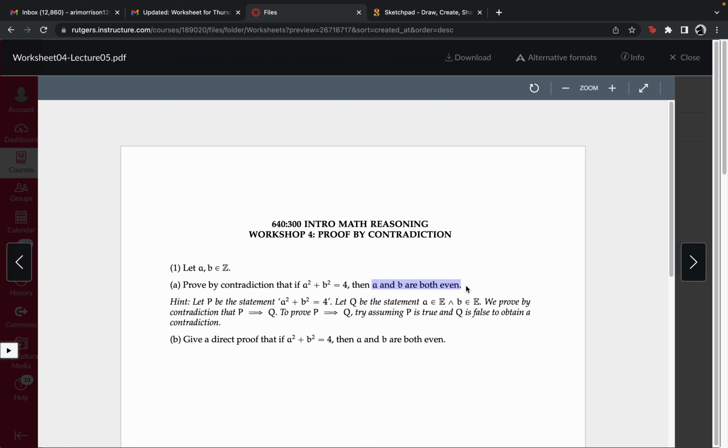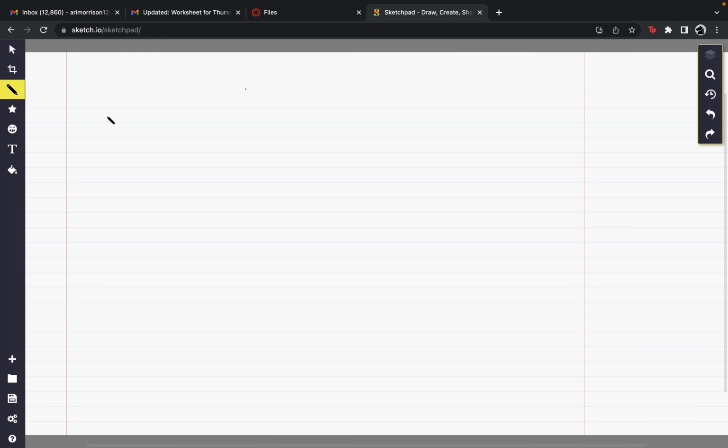So we talked about this earlier, but the opposite of a and b are both even means that at least one of them has to be odd. And a way that we could say that, I'll try to draw, is a or b, that V symbol stands for or, is in the set of odd numbers.